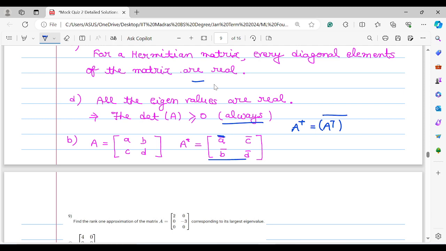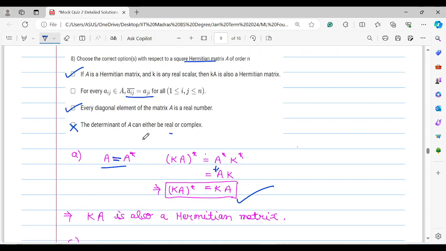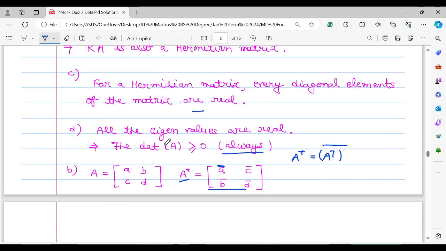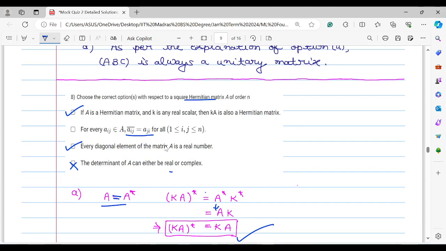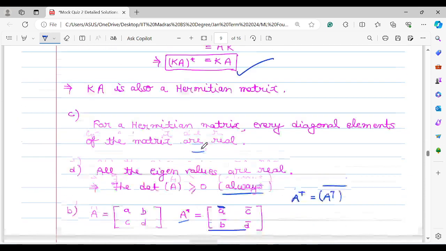So we have calculated this A* and getting this, and from this you see this property holds: Aij conjugate is equal to Aji. This holds true, and that's why this option is correct. You can check. So options A, B, C are correct.